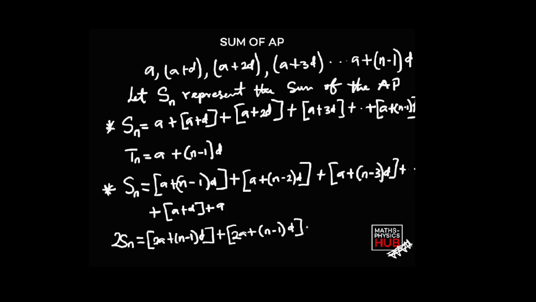So let me put dot dot dot plus 2A plus n minus 1 times D. So this is what we are going to have now.